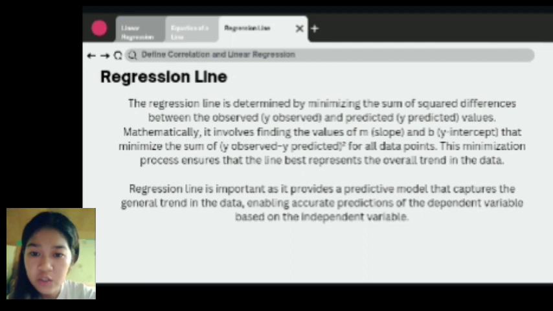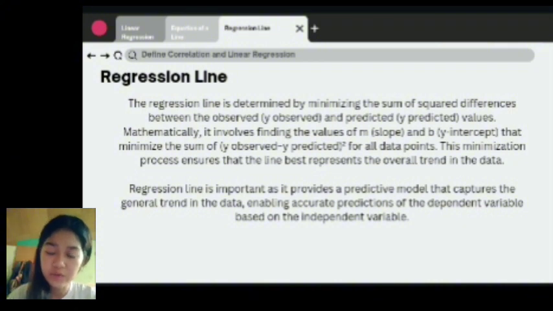This minimization process ensures that the line best represents the overall trend in the data. The regression line is important as it provides a predictive model that captures the general trend in the data, enabling accurate predictions of the dependent variable based on the independent variable.